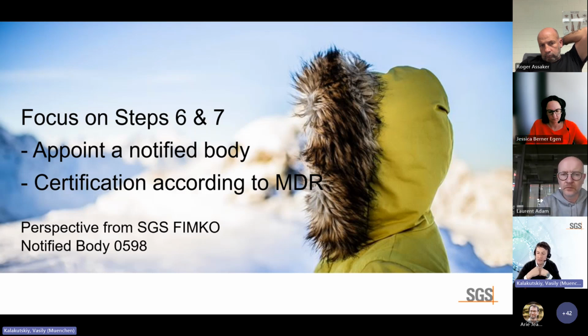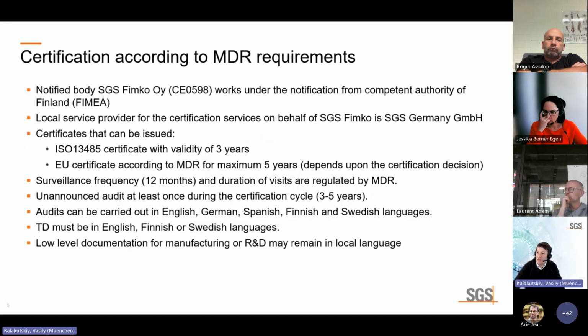We take it from the perspective of SGS FIMCO, a notified body with the number 0598. SGS FIMCO is part of SGS Group, is located in Helsinki, Finland, and works under the notification of the Competent Authority of Finland. Fimea is the name of this competent authority.